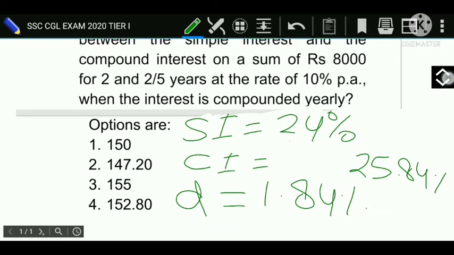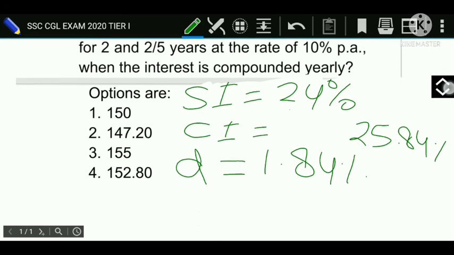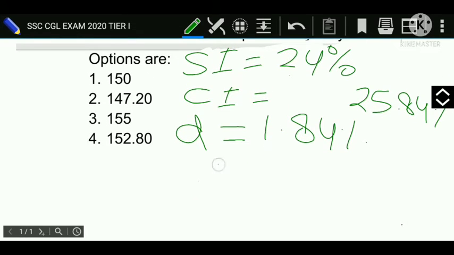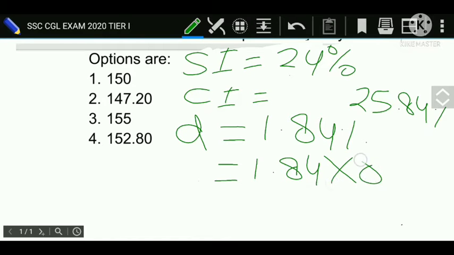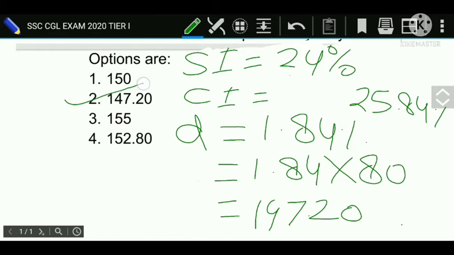So 1% is equal to 80 rupees. Accordingly, 1.84% means 80 into 1.84, which is 147.20. This is the difference of interests, and this is available here. So the correct option is number 2.